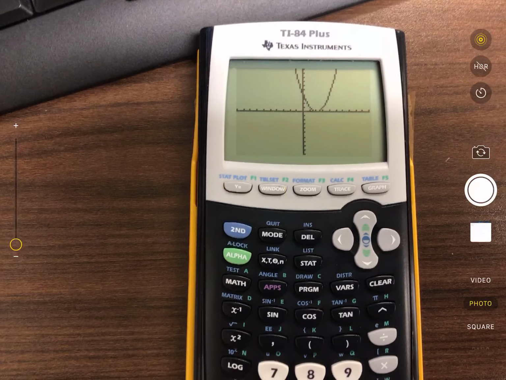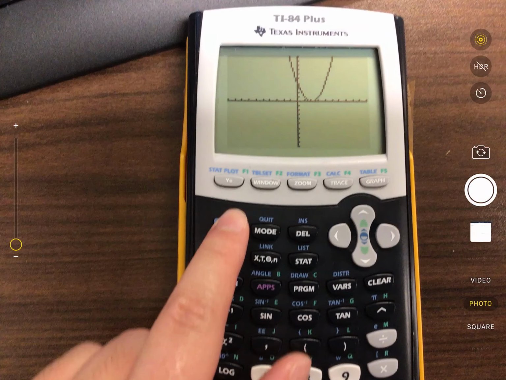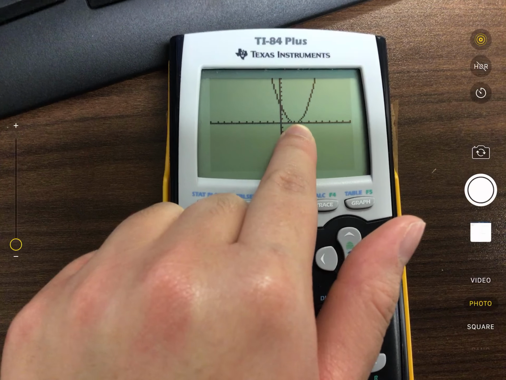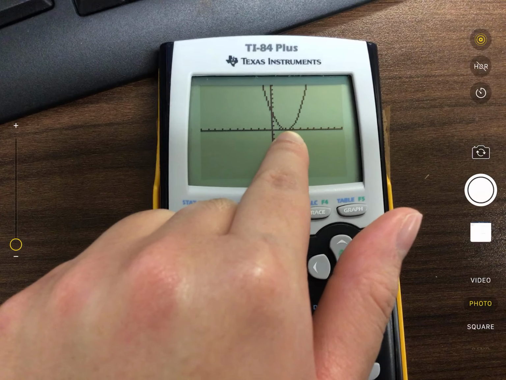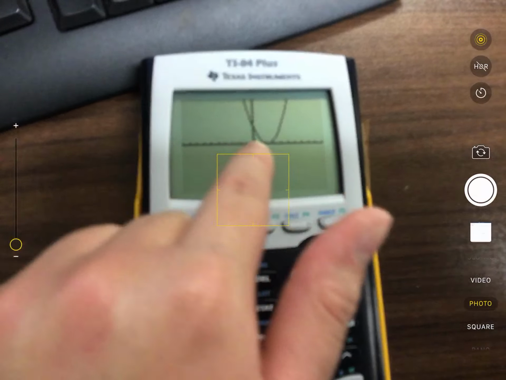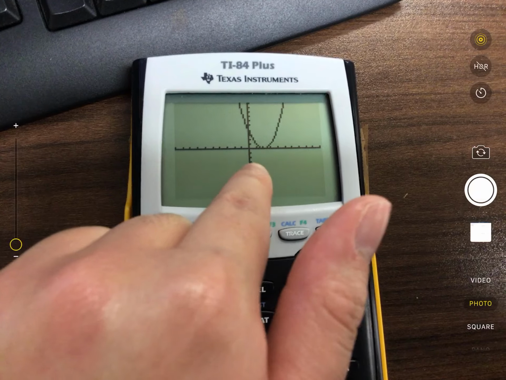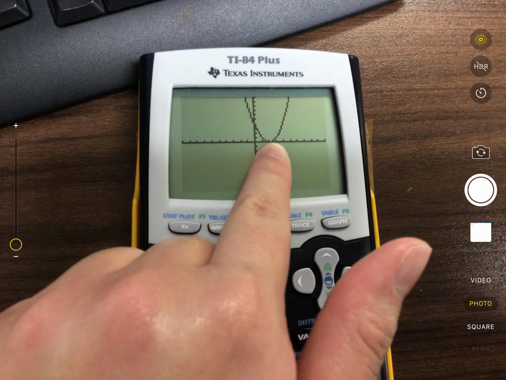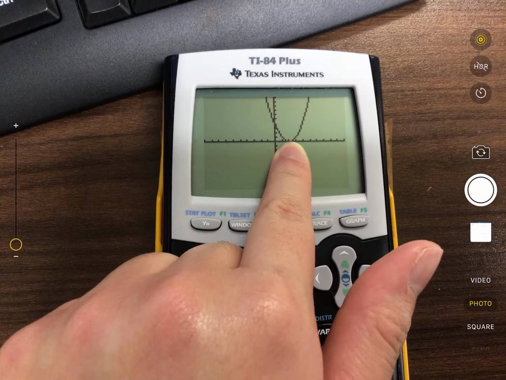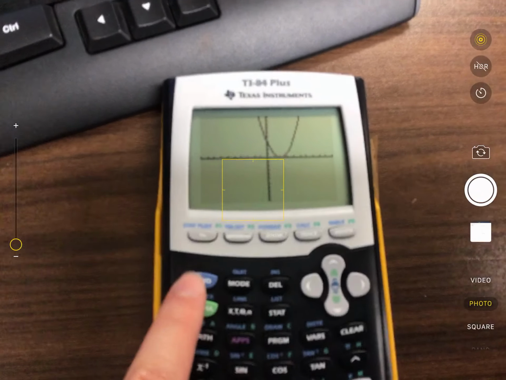And from here, it looks like it only touches my x-axis once, but I can still go ahead and find it. Since it looks like it touches at this number right here, I can also check my table to see what number my graph touches the x-axis at. Remember, an x-intercept is where the y is equal to 0.